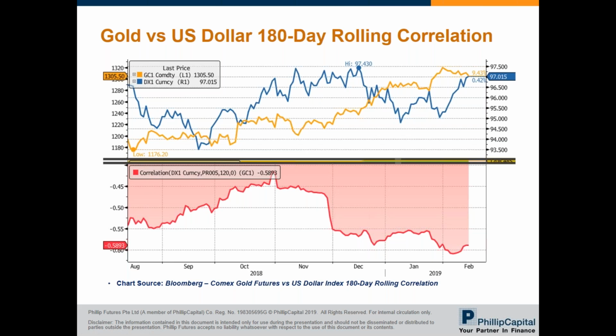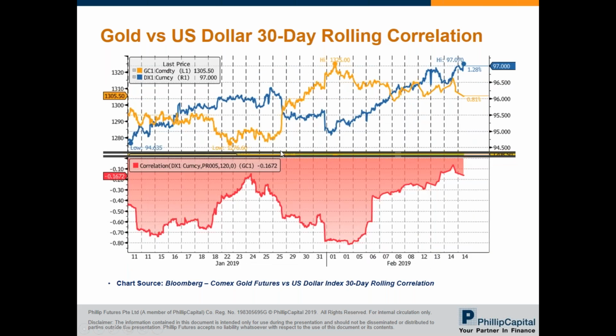Even if we zoom in now to a 30-day rolling correlation, right, you can see that in the last few days, maybe 14, the relationship has broken down several times at about negative 16% over here. So this is at key levels, where we have seen about the 1,300 key psychological level. That is where strong support can be seen.